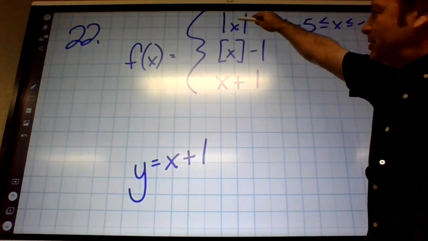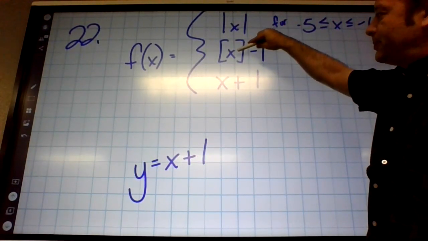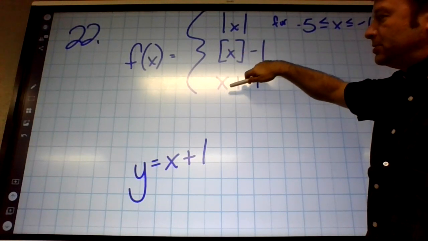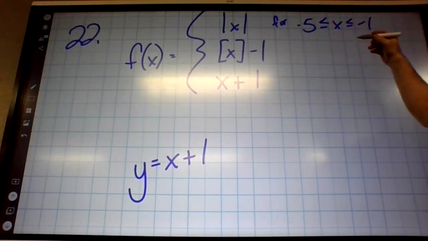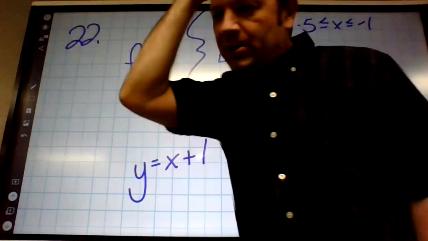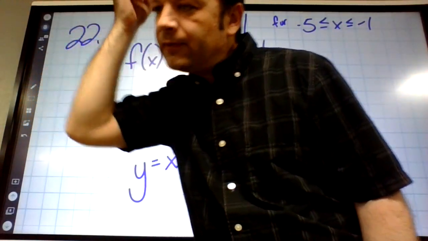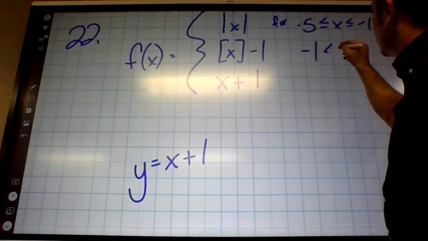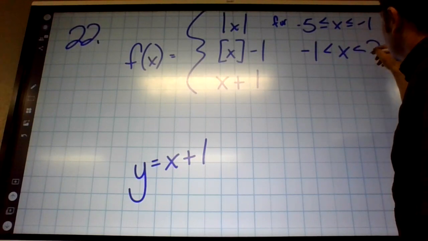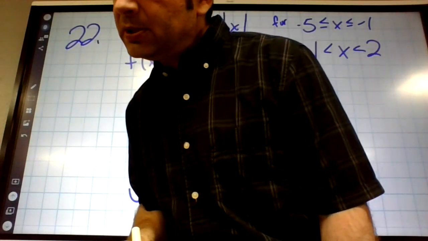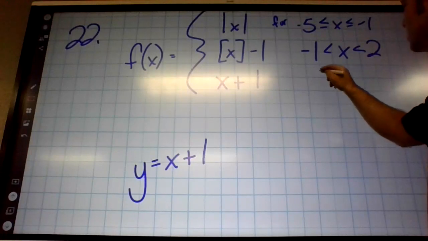So it's a V, a stair step thing, and then a line again. They're just gonna mash together. The middle section is x from -1 to 2, and the last section is 2 to 5.